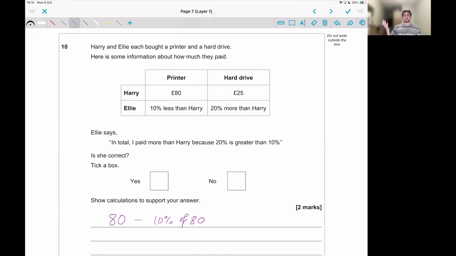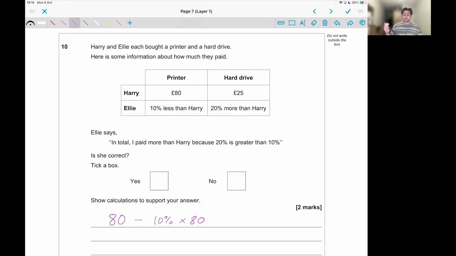Now, whenever you see something like this, 10% of 80, you could replace that of with a multiply symbol. It will always work. So 10% times 80. And if we literally type 80 minus 10% symbol times 80 into our calculator, we will get the right answer. We'll get 72, which is correct.